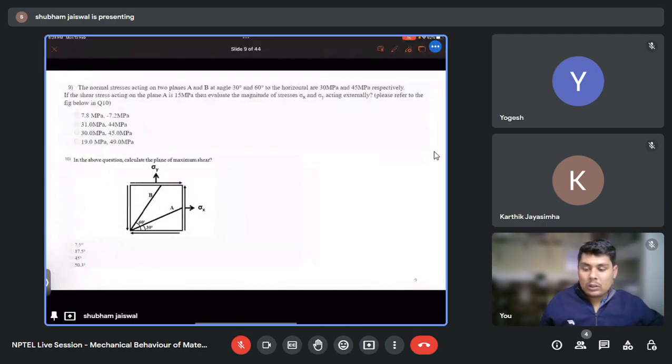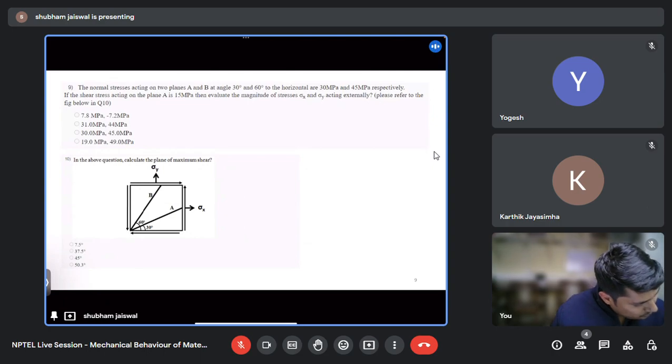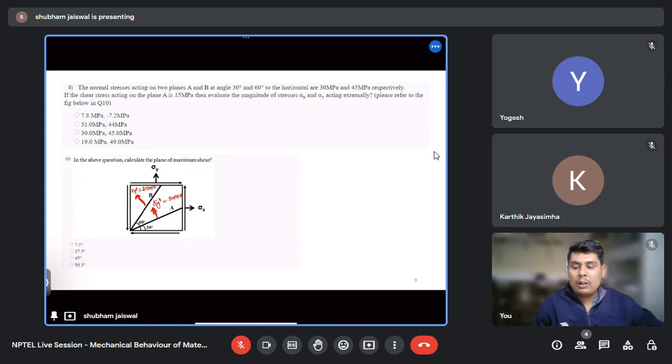So here, what they have given is that we have two planes. At plane A, the sigma y prime is given as 30 MPa, and at this plane it is given as 45 MPa.